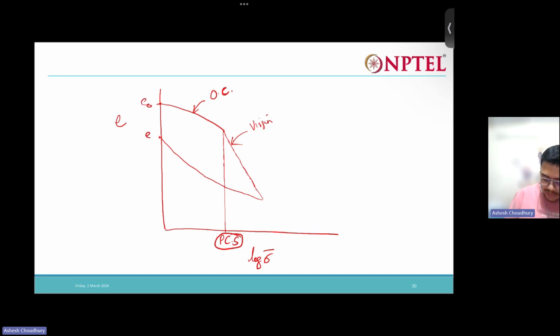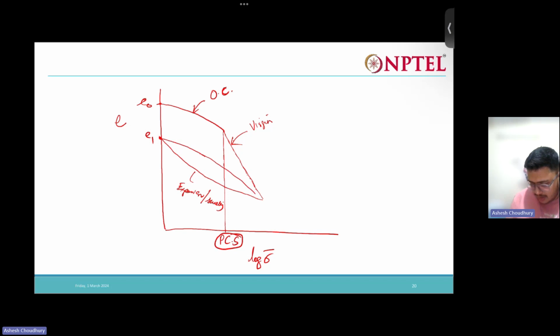You will reach the void ratio e1, which will always be less than e naught. We cannot reach e naught, so there is some permanent deformation. This is the expansion or swelling curve. Then we again load it, and we have the recompression curve.